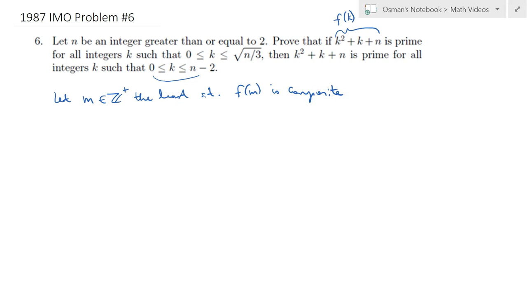By the hypothesis here, we know that m must be greater than this expression here, which implies m is strictly greater than square root n over 3, or equivalently, if you square both sides, n is less than 3m squared.